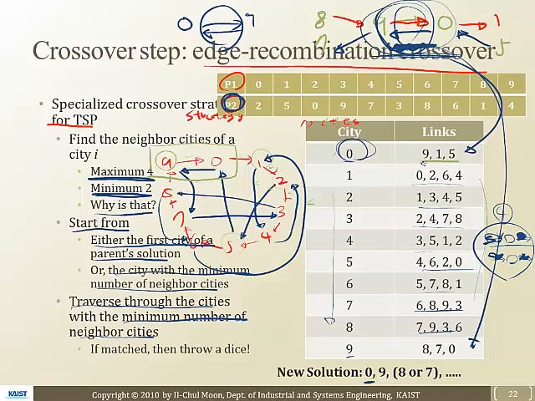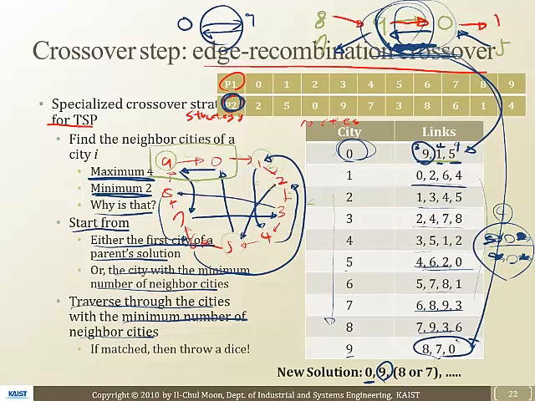So we have 9, 1, 5 as neighboring cities. 9 has 3 neighbors, 1 has 4 neighbors, and 5 has 4 neighbors, which means it's better to go to city 9. And so we go to city 9.